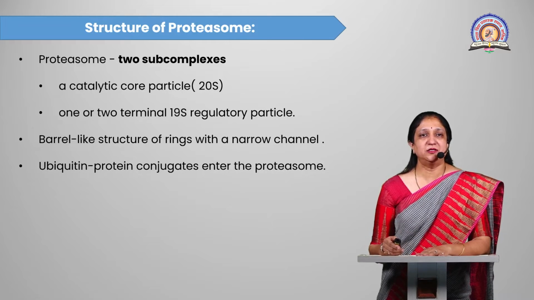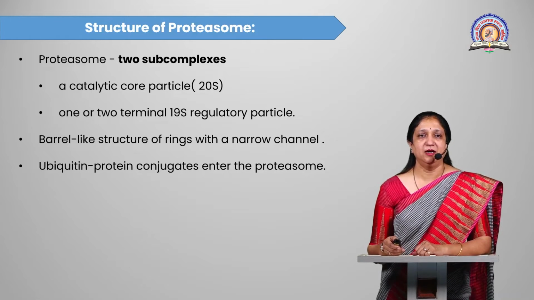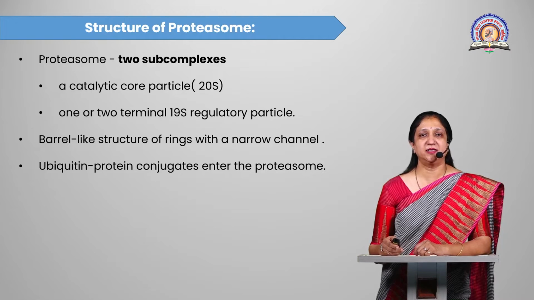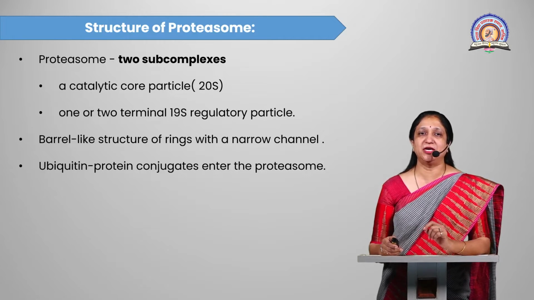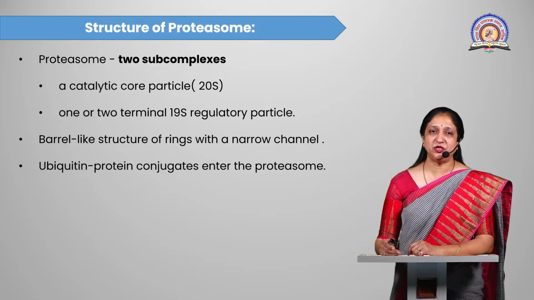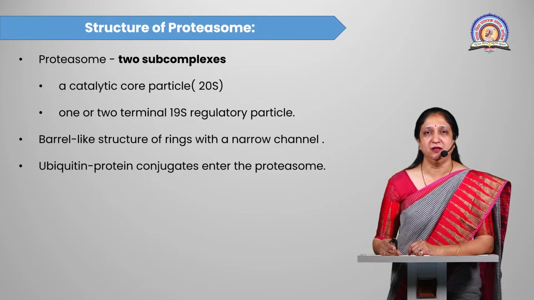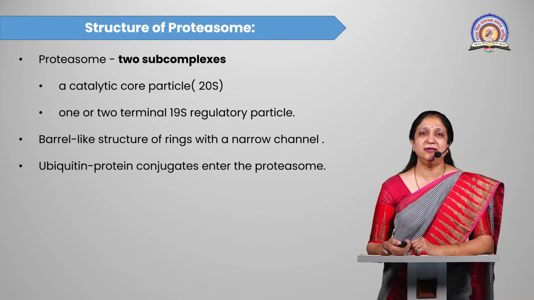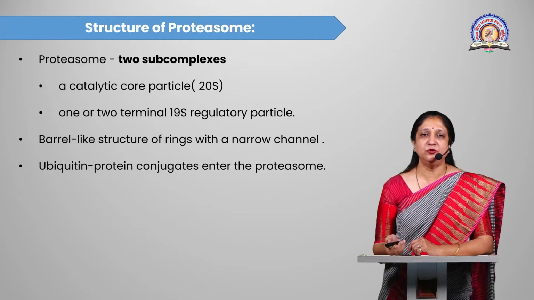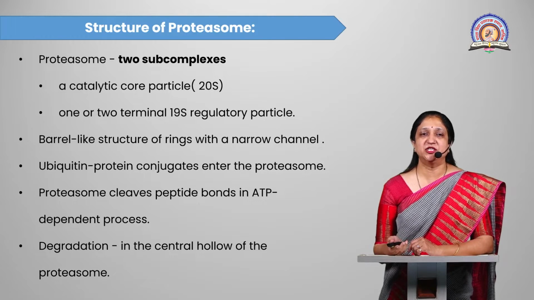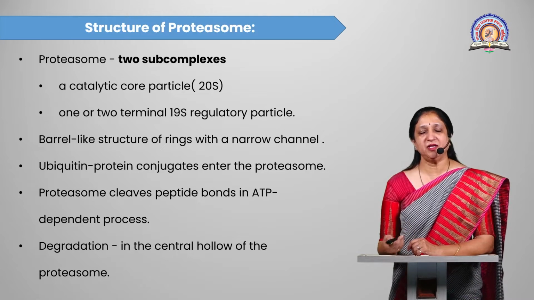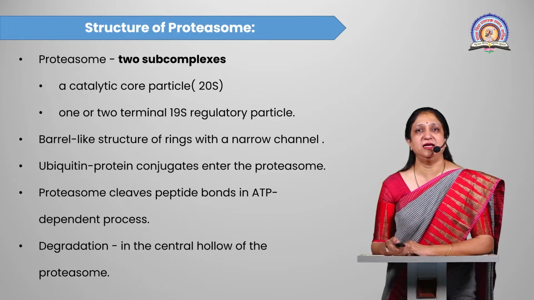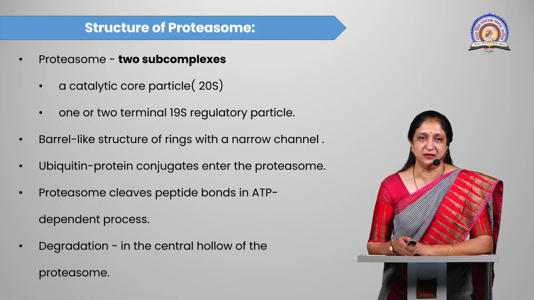The subunits of the catalytic core are arranged in a barrel ring structure with a narrow channel in the center through which the ubiquitinated protein can enter into the proteasome so that the catalytic core particle can cleave the protein into small peptides which can be further degraded into amino acids, and these amino acids can be recycled.